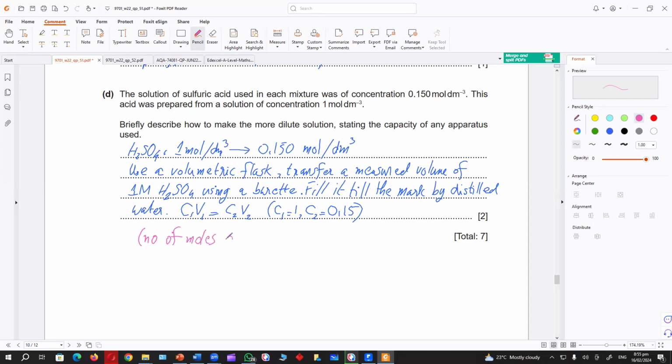V2 will be 250 centimeter cubed. So this is the point.